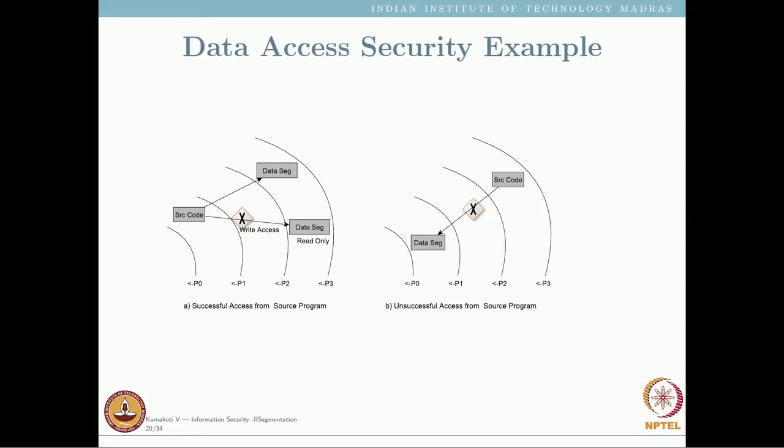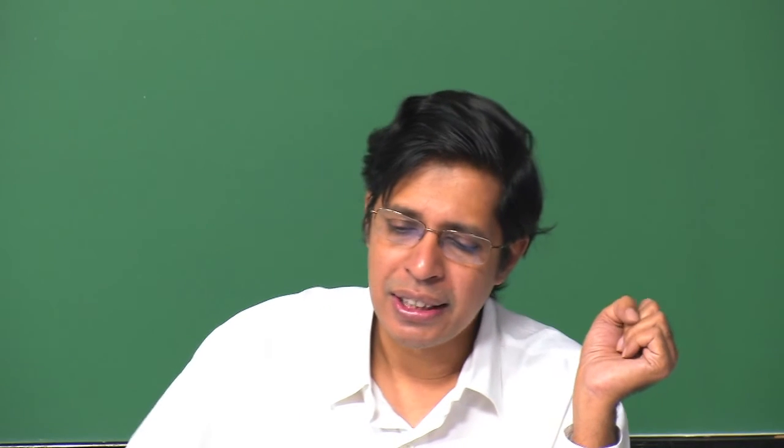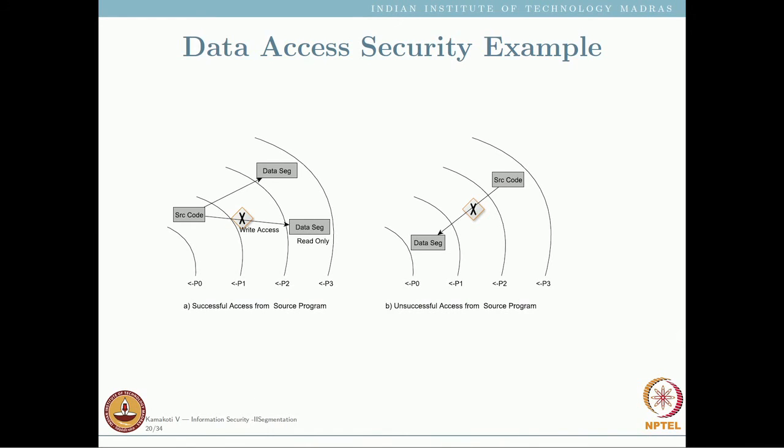A source code at privilege 0 can read or write any data in a data segment at privilege 3 or above, but it cannot write into a data segment which is read only, even though the privilege is numerically higher. A source code at privilege 3 can neither read nor write into a data segment at privilege 0.